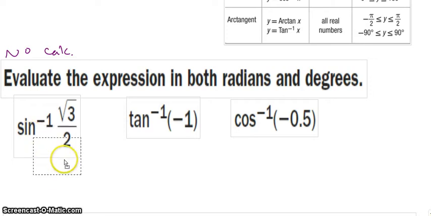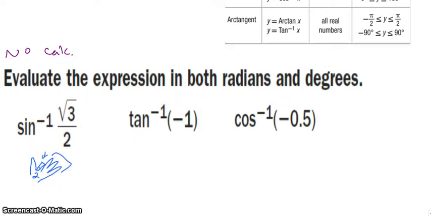If we look at our hand, in order to get 3 fingers below, I've got to put down my index finger, which is 60 degrees, which in terms of radians is pi/3. So that would be my answer for the inverse sine of √3/2.